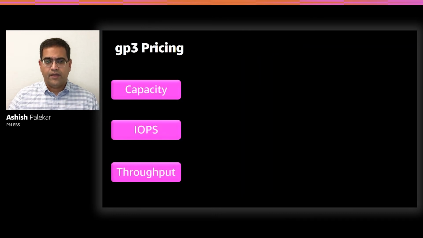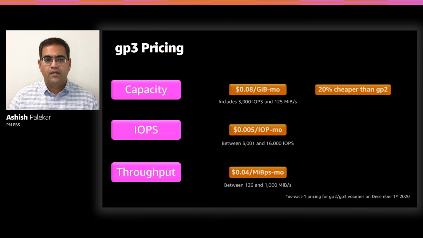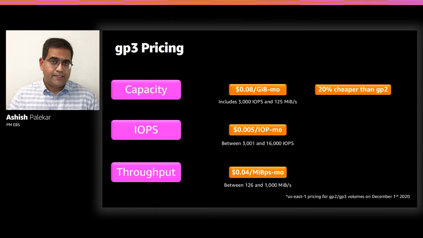So what does the pricing look like? Basically for pricing, we've split it into three dimensions. You get capacity, you get IOPS, and you get throughput. For capacity, the price is 20% cheaper than GP2. For most volumes, that is the only dimension customers will deal with.